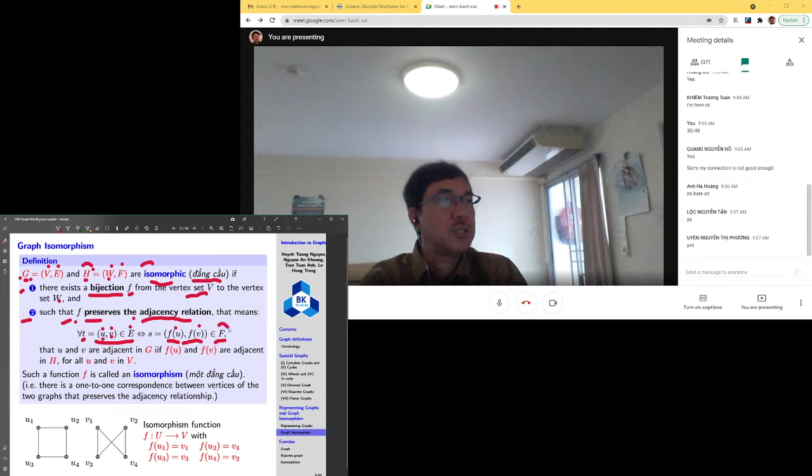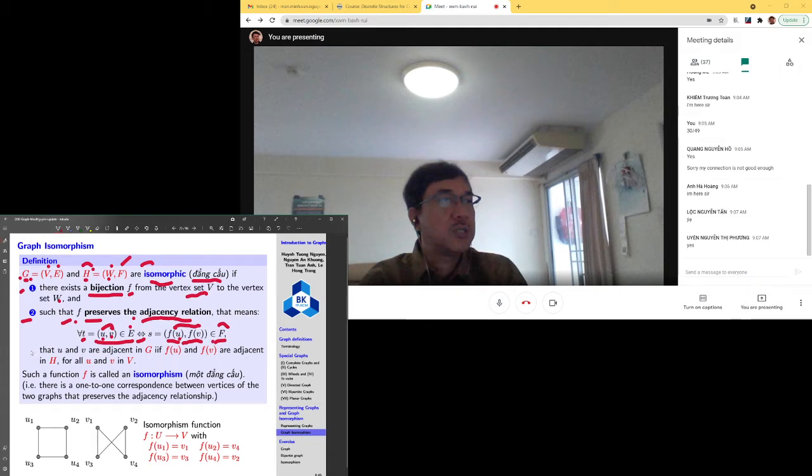Okay, you see F here. F here means the set of connections in the second graph. So the requirement is here, equivalent. So that means whenever there is some connection in the first graph, then after finding the images in the second graph, the nodes still connect together.